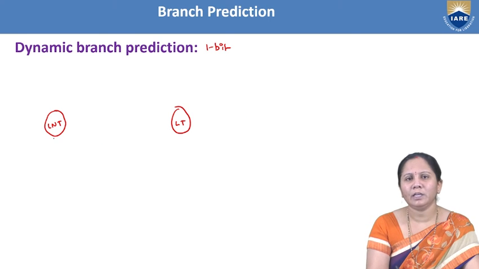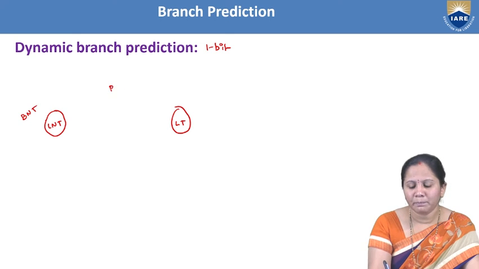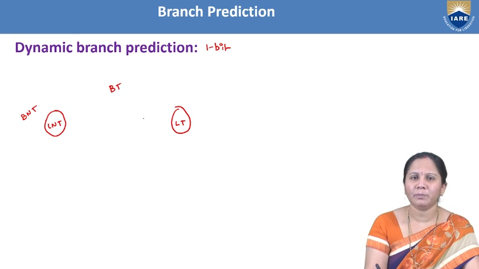LNT stands for likely not taken, whereas LT stands for likely taken. Now here, BT stands for branch taken and BNT stands for branch not taken.